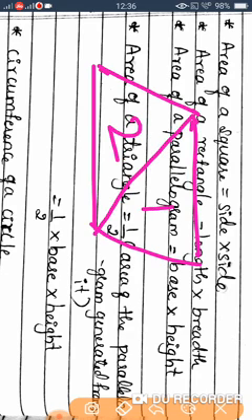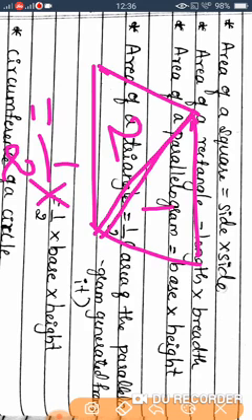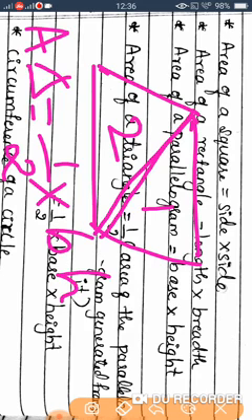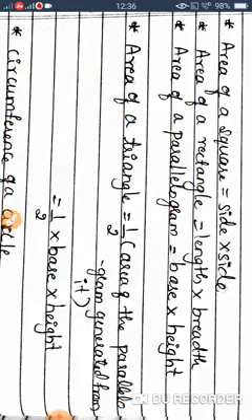So if we got two triangles, each is half of the area of the parallelogram. The area of a triangle is equal to half the area of a parallelogram. Area of a parallelogram is base into height, so the area of a triangle is half BH.